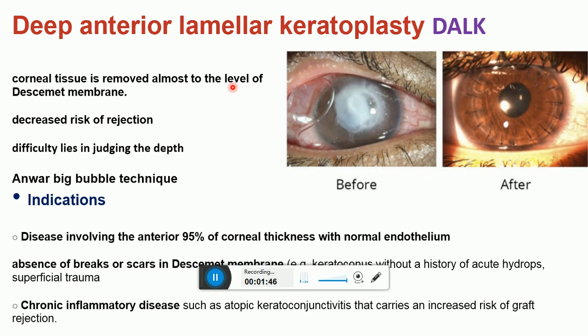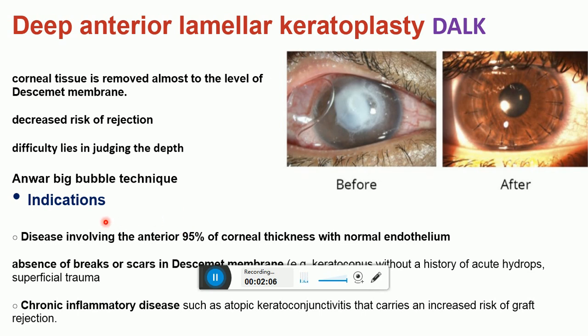The major technical difficulty lies in judging the depth of the corneal dissection as close as possible to Descemet's membrane without perforation, and if this is not achieved, the visual outcome may be compromised.